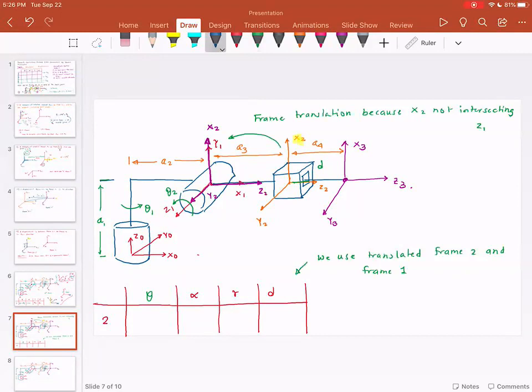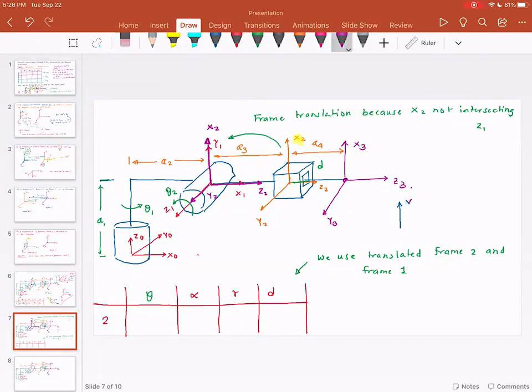Just for the sake of clarity, let me draw the x1, y1, z1 first.